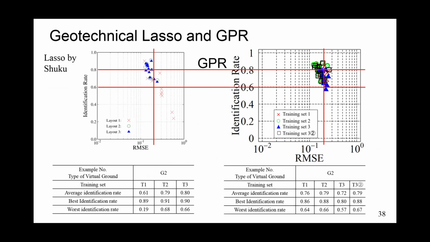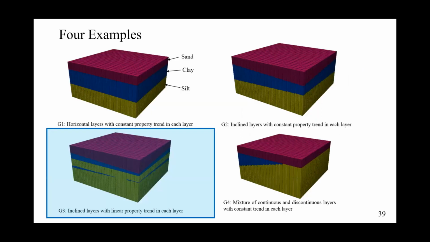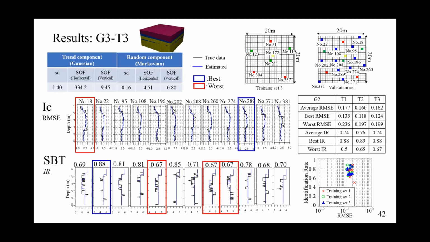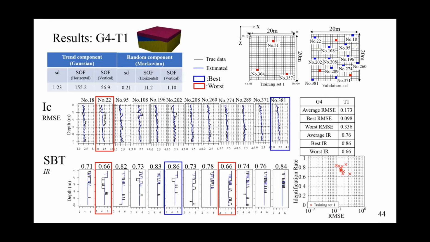I hope we have more chance to discuss these results after the forum or in another workshop or something like that. And we did the estimation in the same way for the G3 model and G4 model.